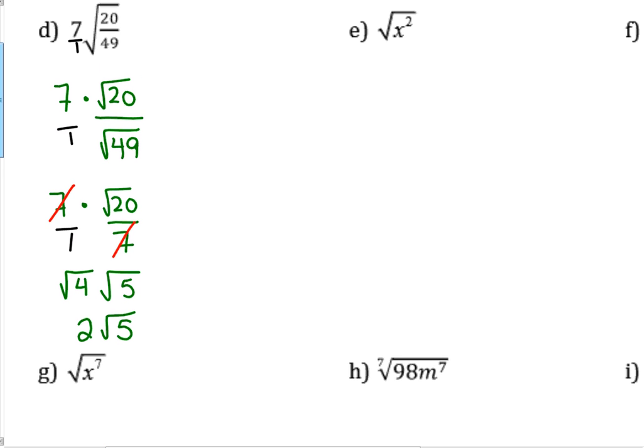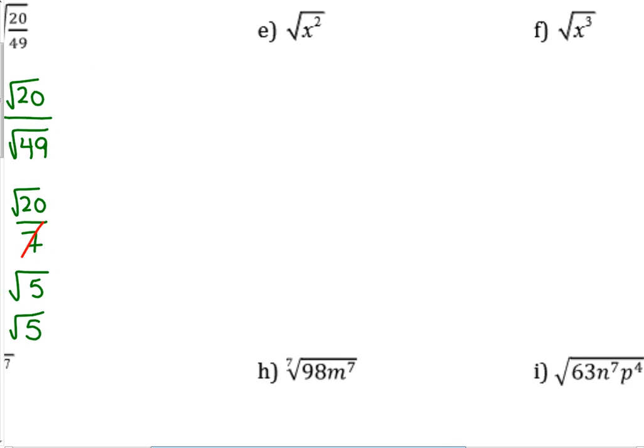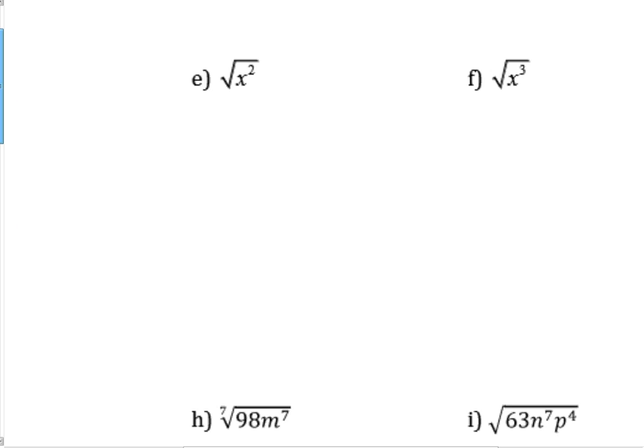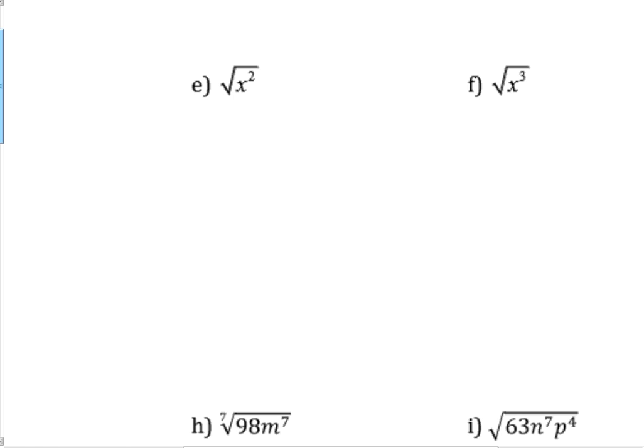So, square root of x squared. Let's start with the very basic. What is the square root of x squared? Why? Because the exponent and the index, it's essentially like they cancel out because they're opposite operations, right?